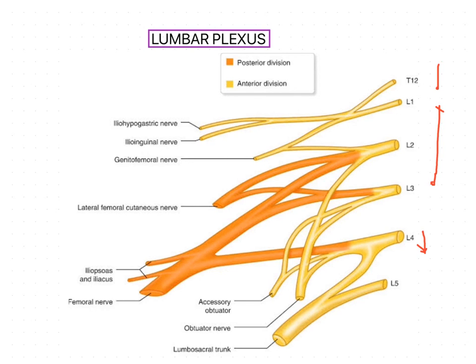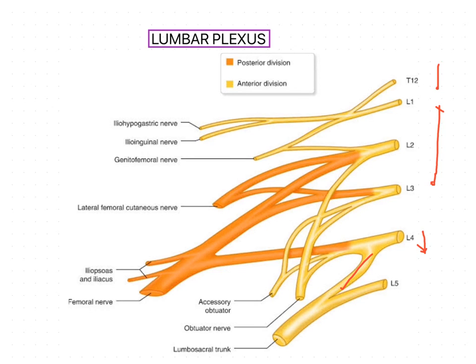Normally this L4 bifurcates, that means it divides into two, a major portion and a minor portion. After bifurcation, it takes part in both the lumbar as well as the sacral plexus. The minor portion will take part in the formation of lumbosacral trunk, which is taking part in the formation of sacral plexus.